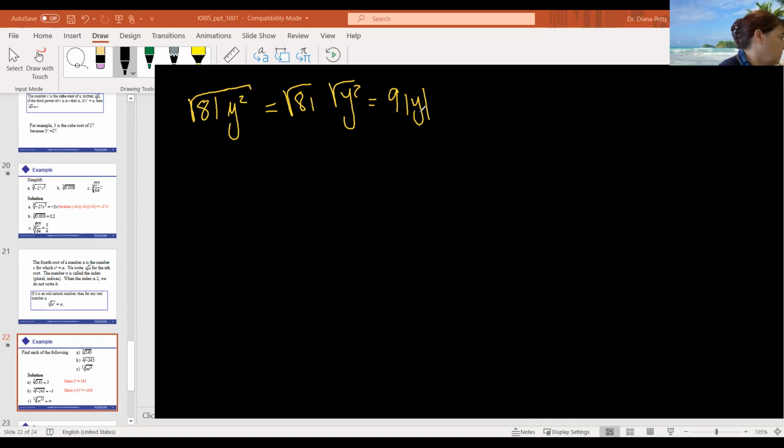It's because the index is even, here 2 and 2, and you want the principal root, which is positive. If y was negative, you need to make sure the result is positive, because you could get minus y squared and it would look exactly the same. We just move on to the next, which I explained already.